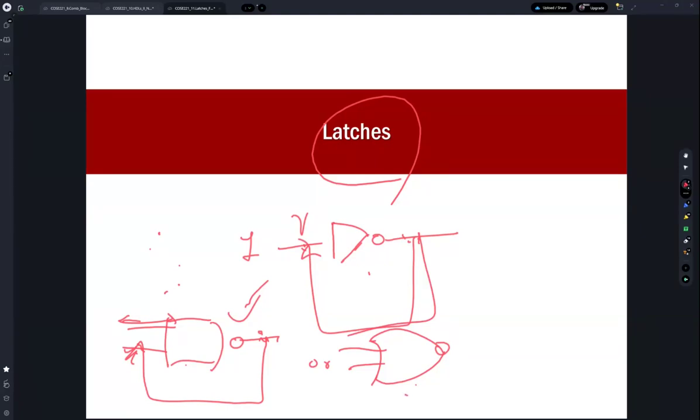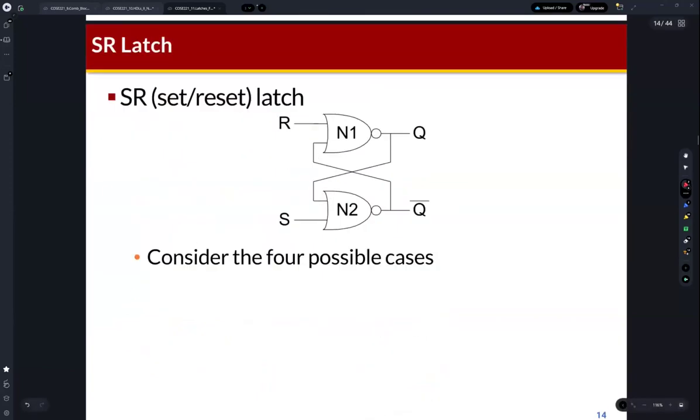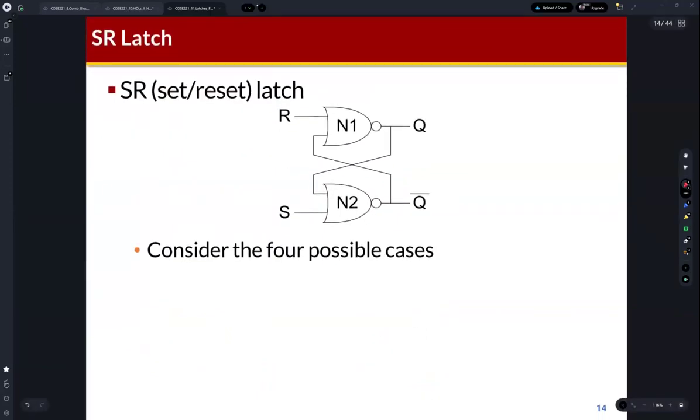But if we use a basic gate like a NOR gate or NAND gate, because the output is just inversed, then we can control the output. So we can enhance the bistable circuit like this.